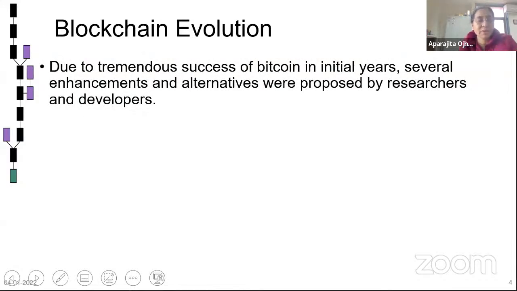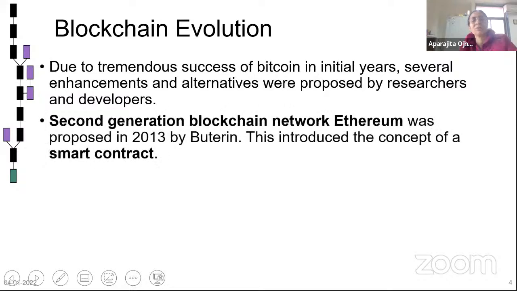Now, with the tremendous success of Bitcoin in initial years, several companies started thinking about its usage. So blockchain, which is a decentralized distributed ledger technology, was introduced, and Buterin came out. He is a very young, 19 year old person.